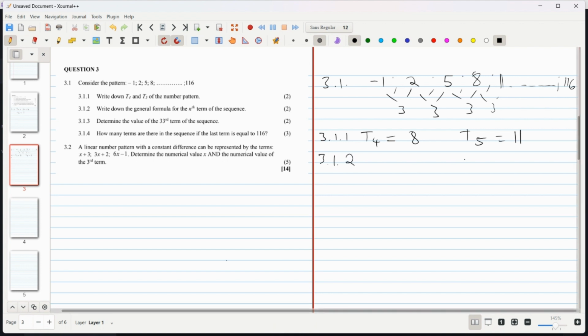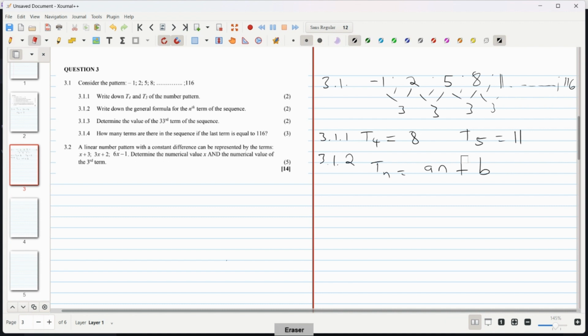For 3.1.2, they want us to determine the general formula of the nth term of the sequence. We know our Tn equals an plus b. This helps us to determine the general formula.